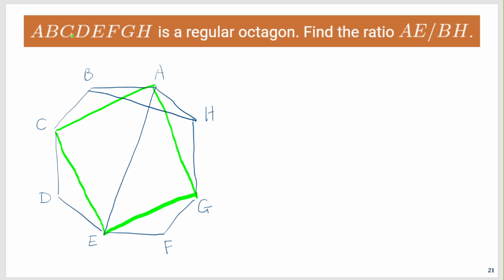Then actually ACEG is a square, right? Can you see that? Because you can find this angle here, you could find this angle, then this angle is 90 degrees, right?